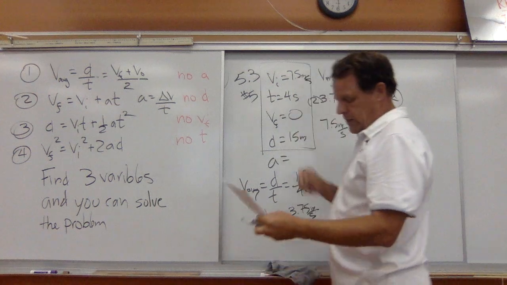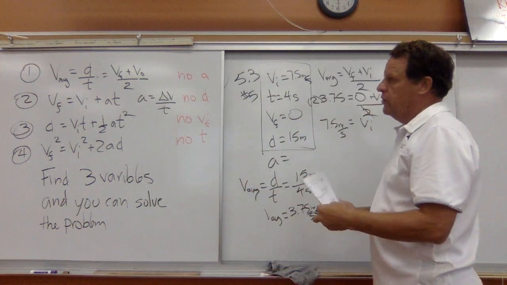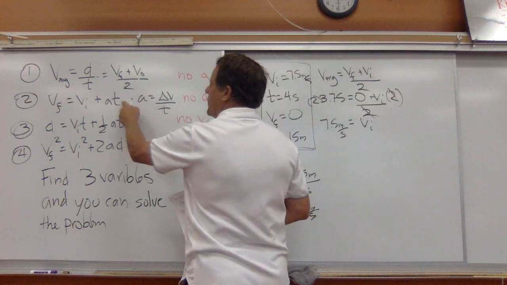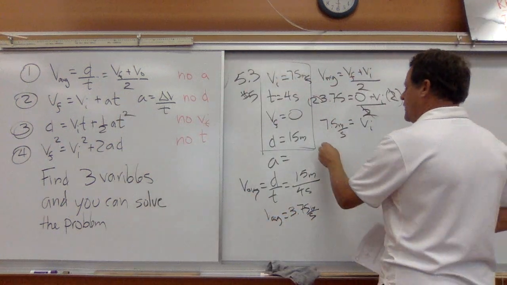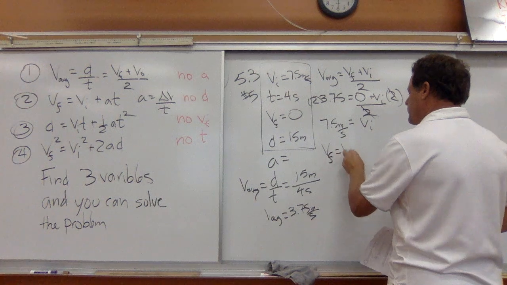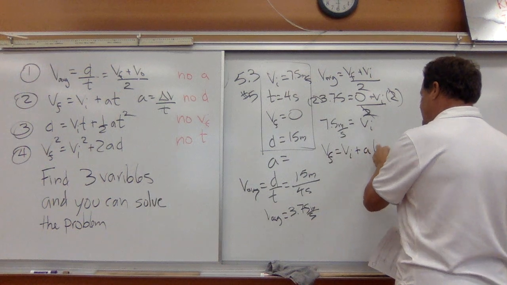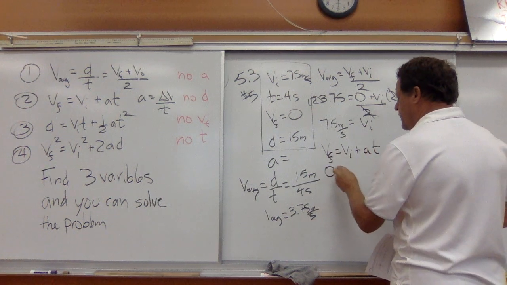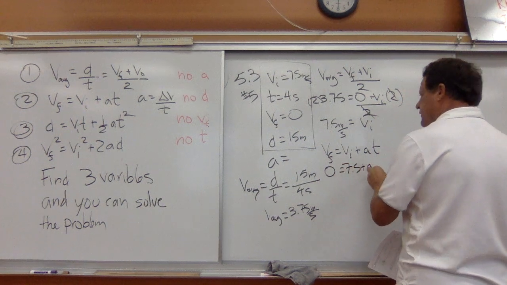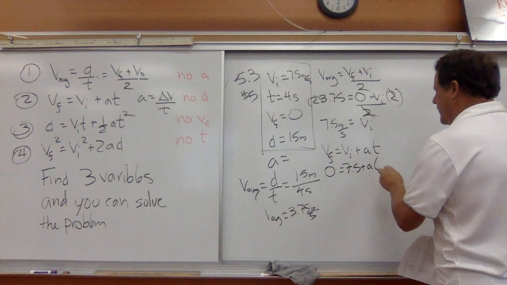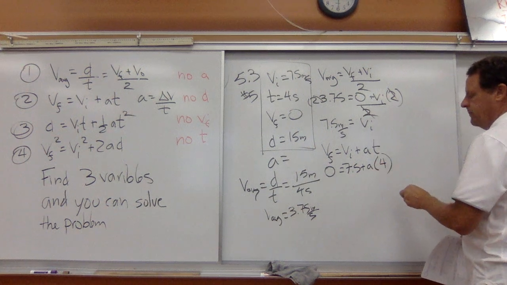Now we can solve for the car's acceleration by using equation number 2. V final is equal to v initial plus at. We know this is 0, we know this is 7.5 plus a, and we know our time is 4.